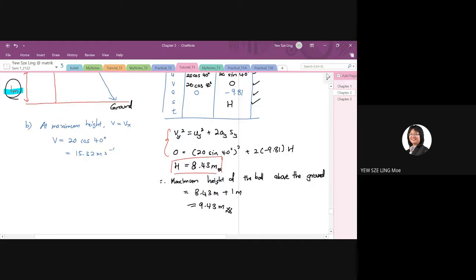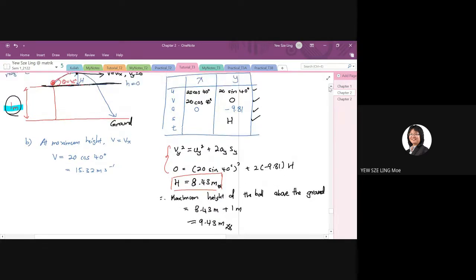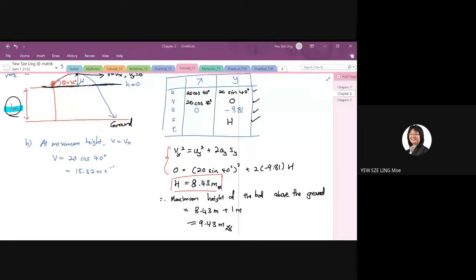Okay, so for this answer, I give you again 2 minutes to write it down before we proceed to the final question. If you are done, you can try the final question first. It's very similar to question 4 actually.